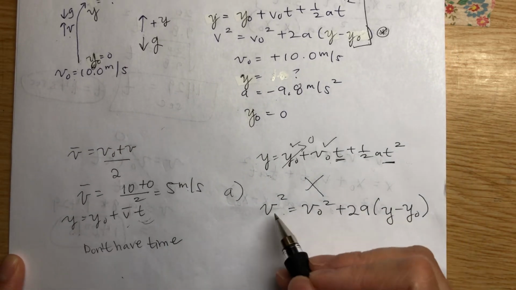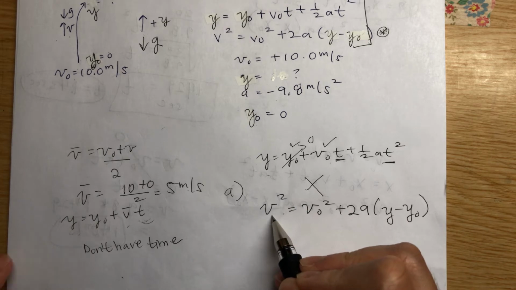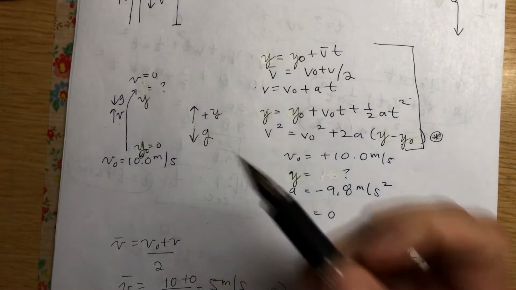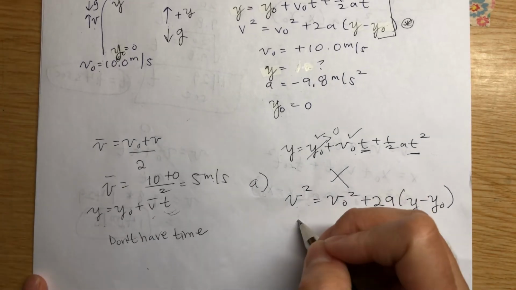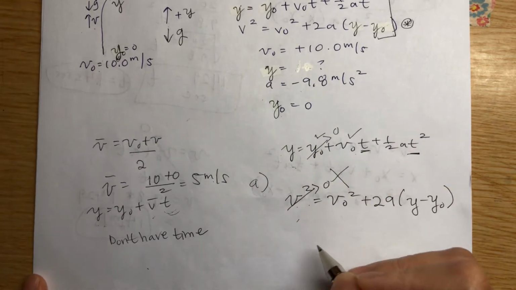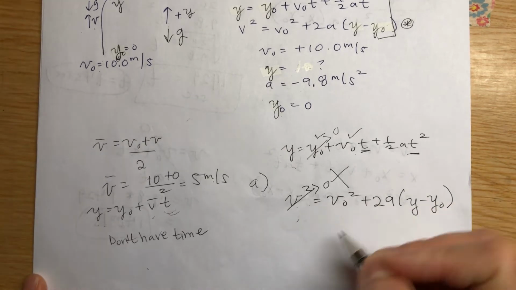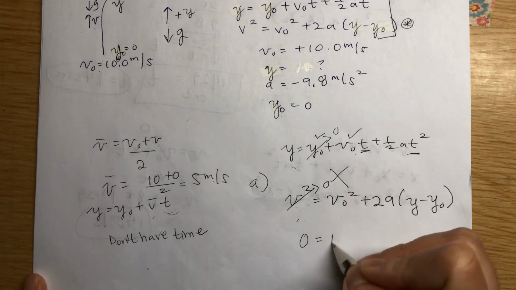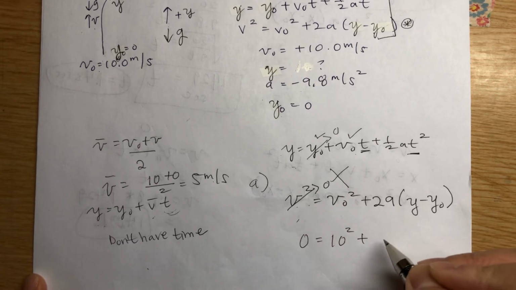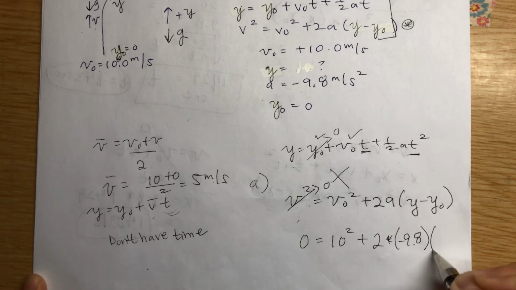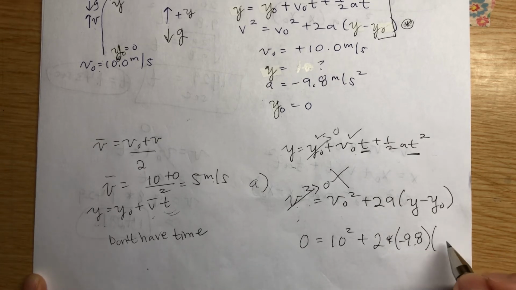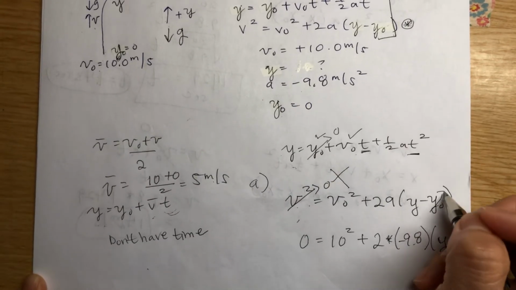The final v at the top of the path is 0, and v naught is 10. So 0 equals 10 squared plus 2 times negative 9.8 times y, and y naught is 0.